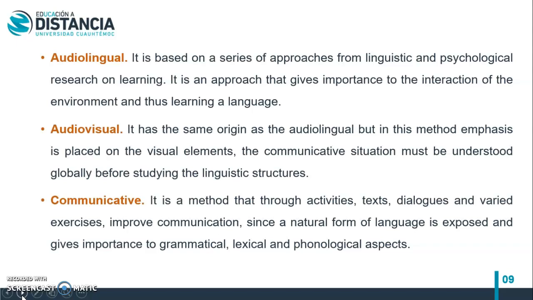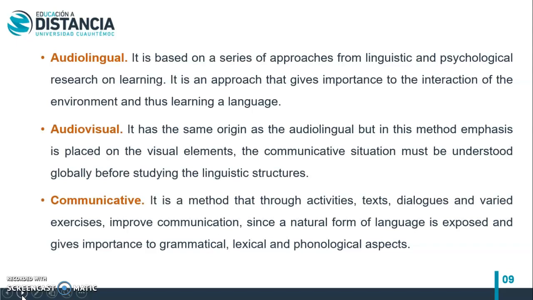Communicative. This method is to improve the communication because in the others that I mentioned, they don't. I told you that we know the structure and how to write sentences, but the problem is that we are not able to communicate with other people.